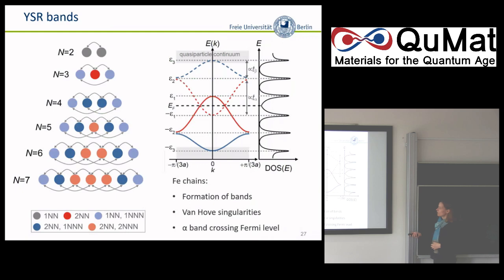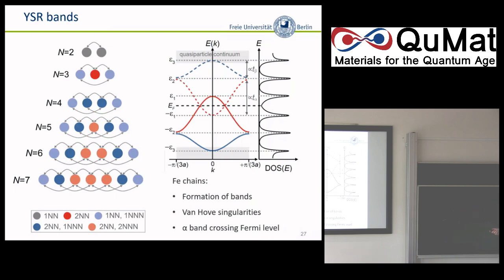In different ways, you can also say, okay, bands. So usually, we measure the spectral function, so what is kind of the local density of states. But if you think in the band structure, so now I plot here the energy as a function of K. Then, of course, in a simple model, you should have this almost parabolic-like dispersion.